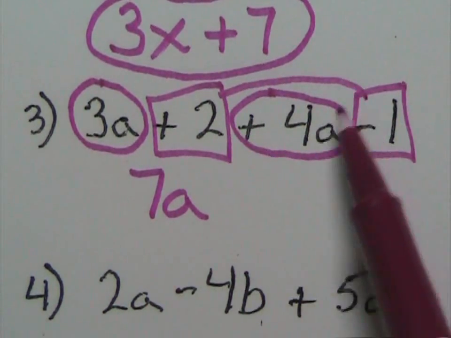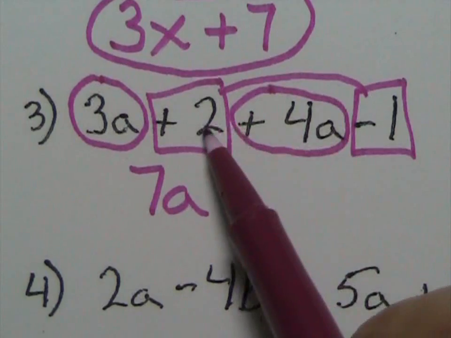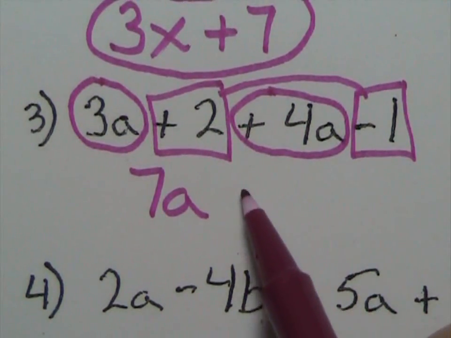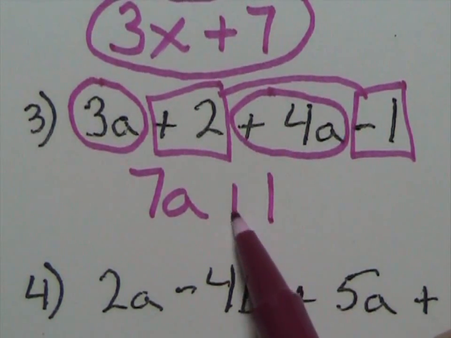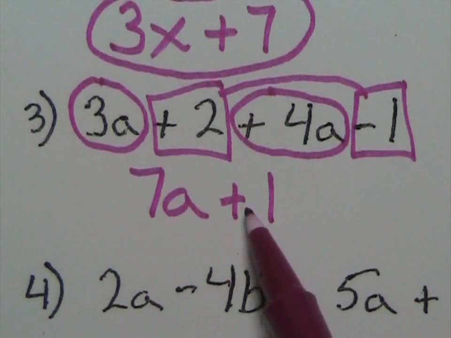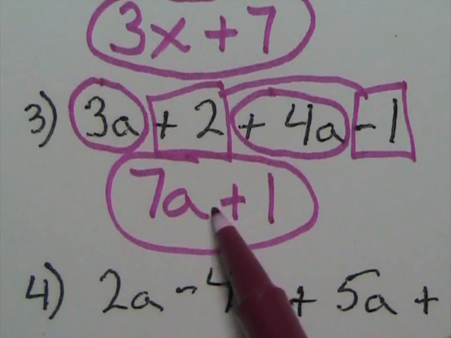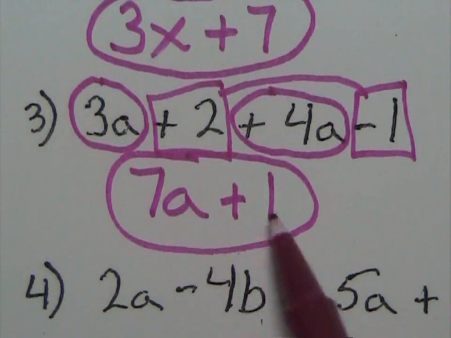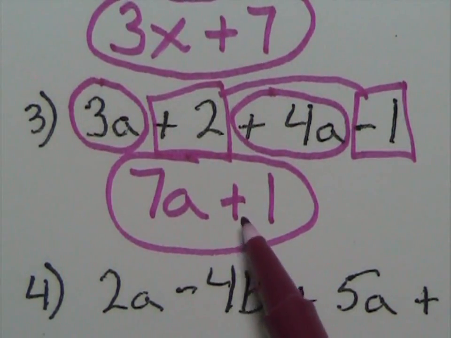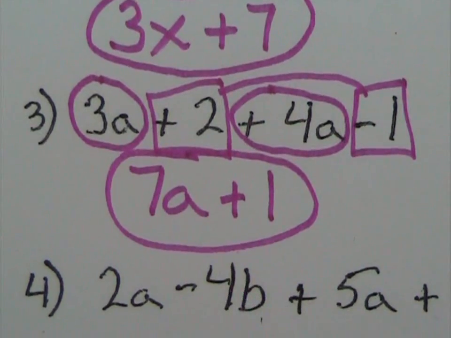So how much is plus 2 minus 1? 2 minus 1 is 1. Positive 1, so it's plus 1. If it was minus 1, negative 1, I'd put minus 1. I cannot combine these. This is your answer because these are not like terms.